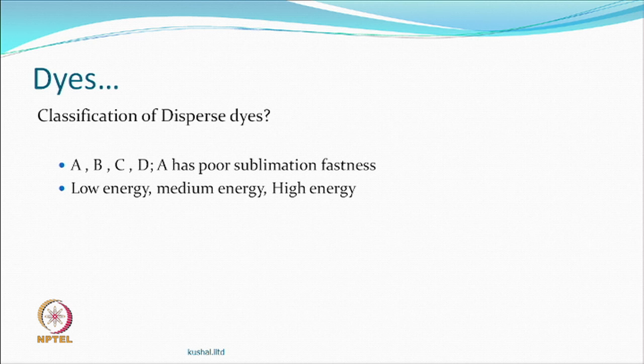If it is very high, then it is D. Also, they are sometimes classified as low energy, medium energy and high energy. Low energy means you require less temperature for sublimation, and medium energy is the same, and high energy means you require more energy for sublimation.